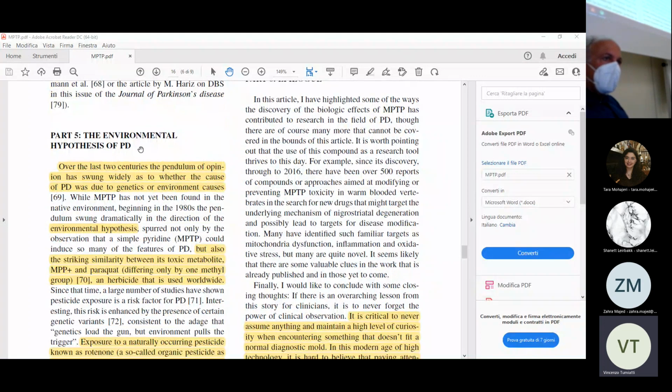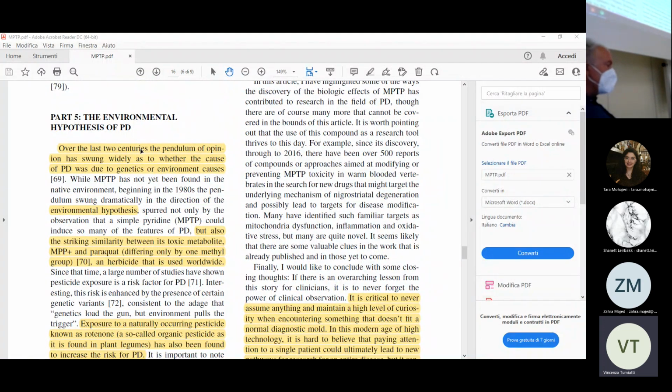At the end of the article: which is the etiology of this disease? This is a big question. There are two schools of thinking. Environmental hypothesis, by pesticides, because several pesticides have a chemical structure very similar to MPTP.